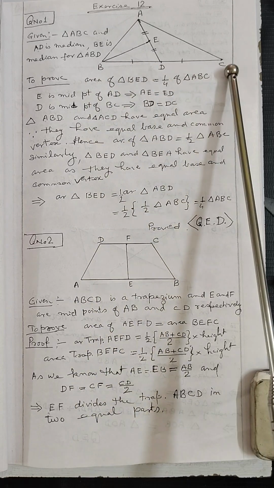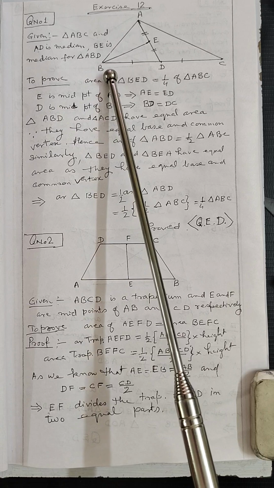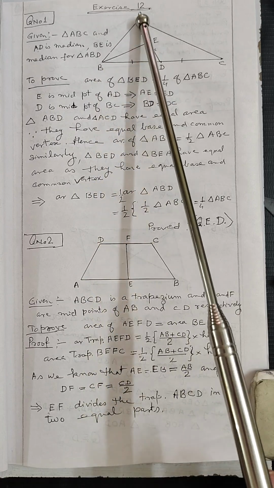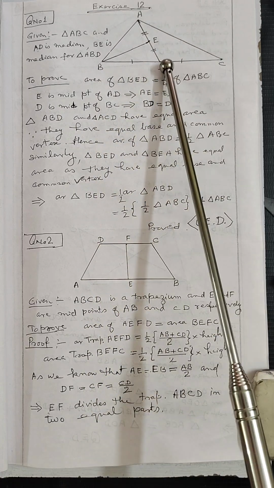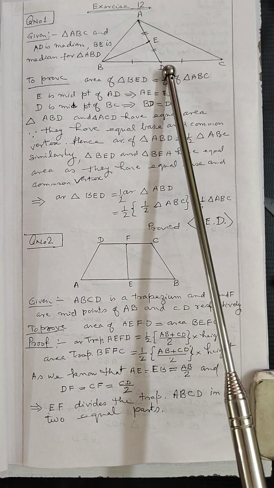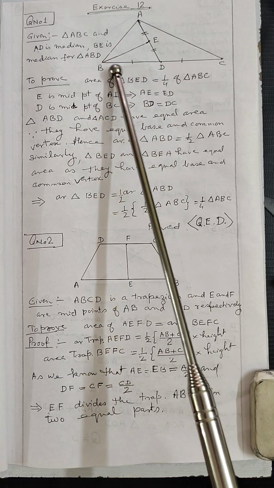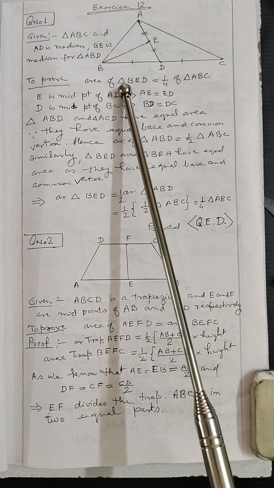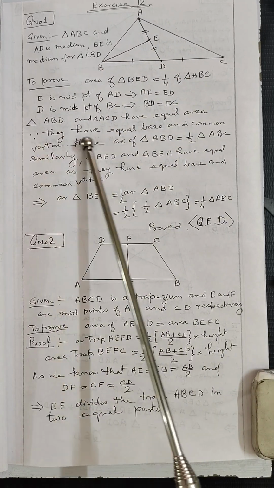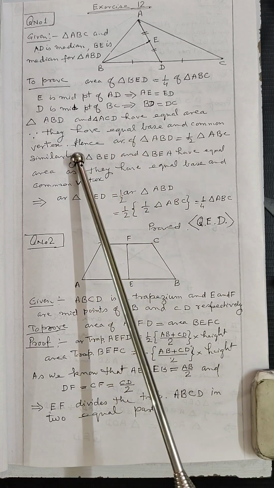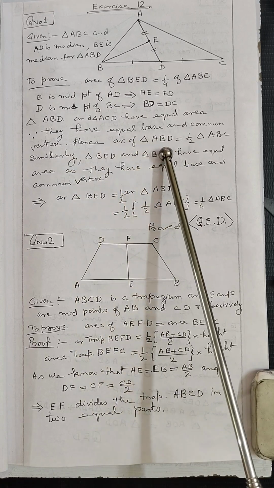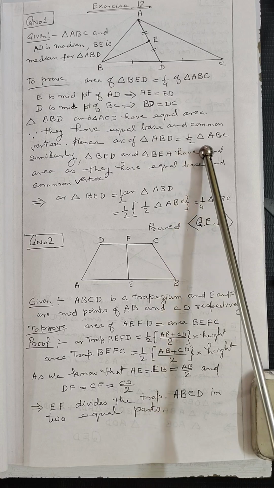Means B, D, C are the collinear points. Therefore, the area of ABD and area of ACD will be equal. Means the AD divides the triangle ABC in two equal parts. They have the equal base and common vertex, hence the area of ABD will be equal to 1 by 2 of ABC.